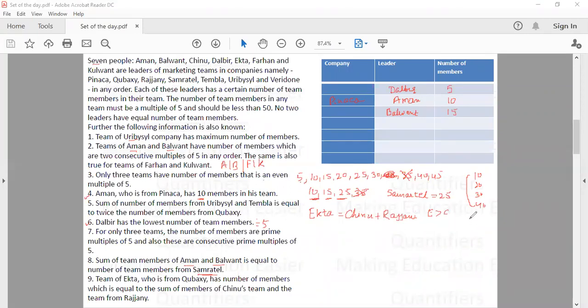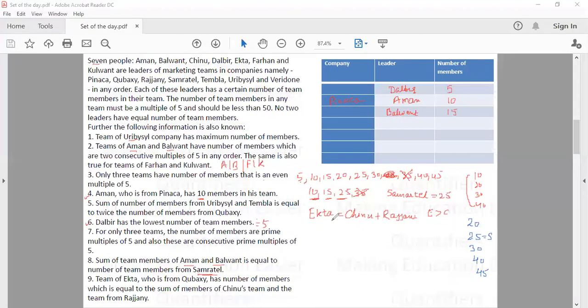After that, the possibilities are 20, 25, 30, 35 (we already rejected), 40 and 45. These could be the number of members in the teams, and you know that Summertel has 25 members. So this team is of Summertel company.